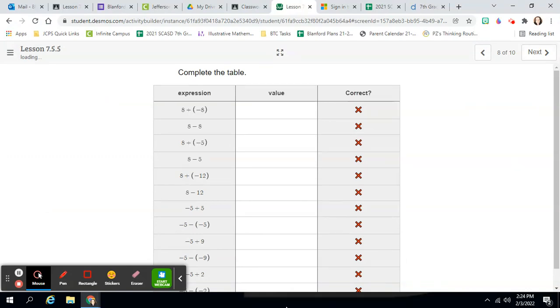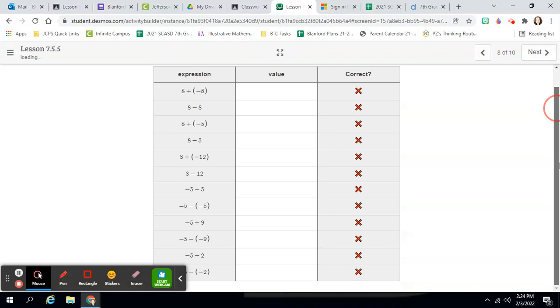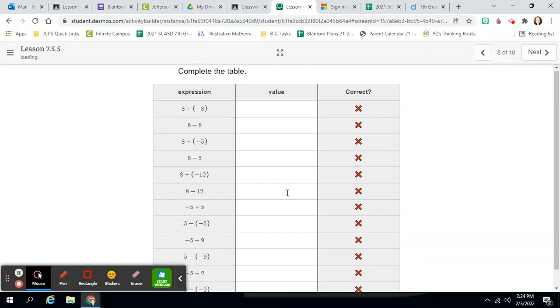Okay, so now we're going to try this out, right? We have a table with a bunch of different types of problems, and let's try them out, okay? I want you to go ahead and pause and see if you can try a few of these. So I know that 8 plus -8, again, if you add opposites, this is from a different lesson that we had done, if we add opposite numbers, they actually cancel each other out and their value is 0, which is the same thing as 8 minus 8.